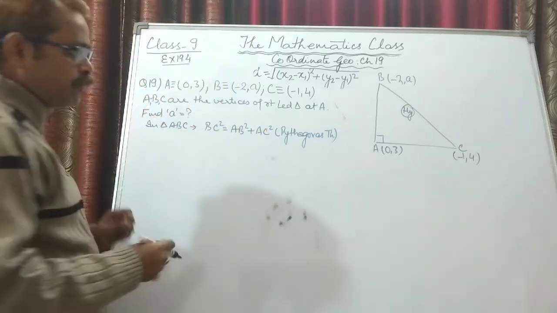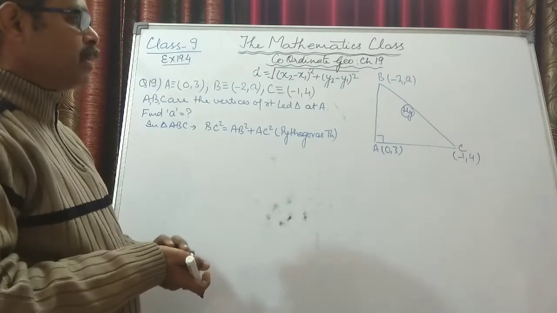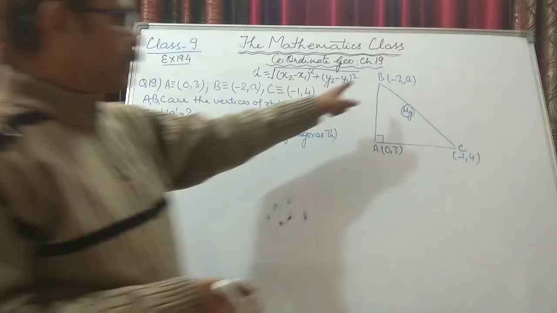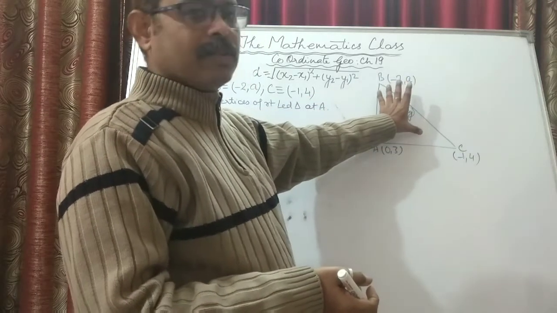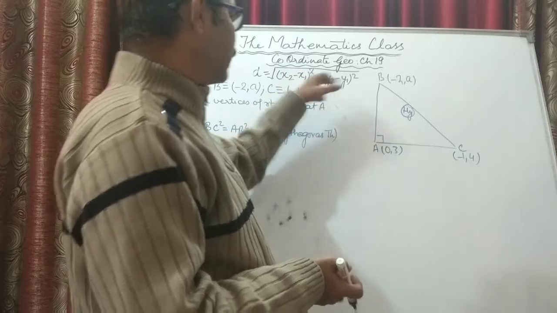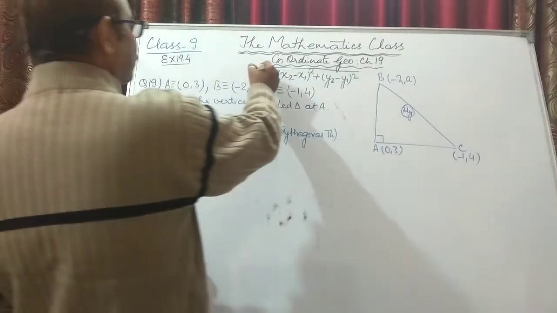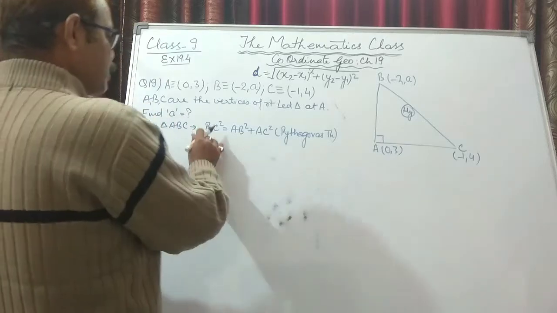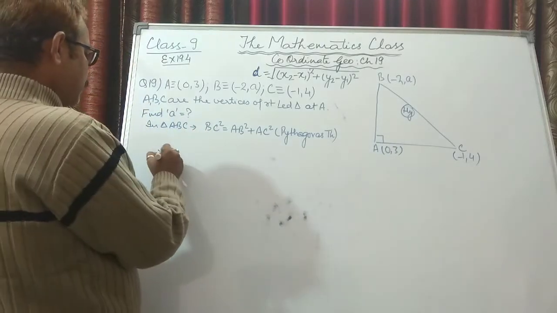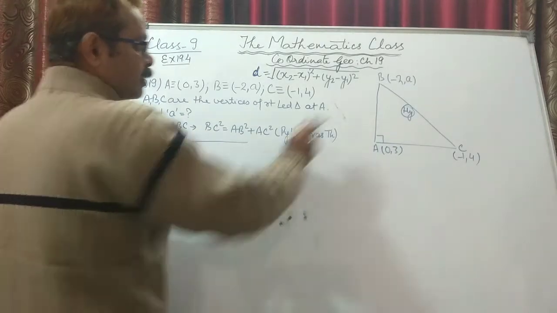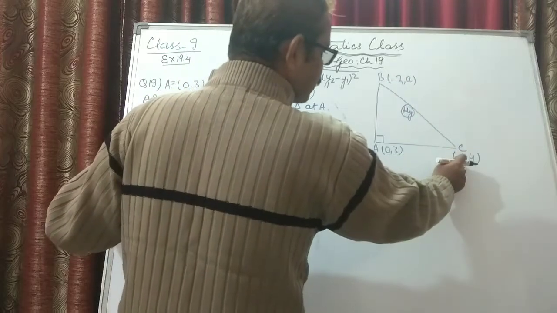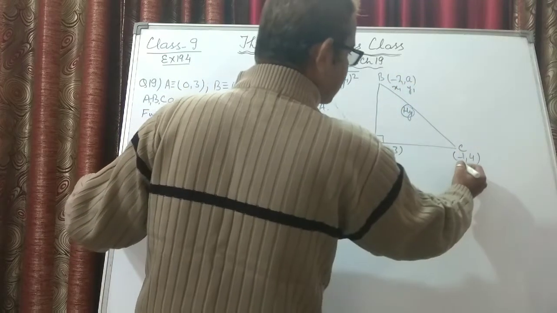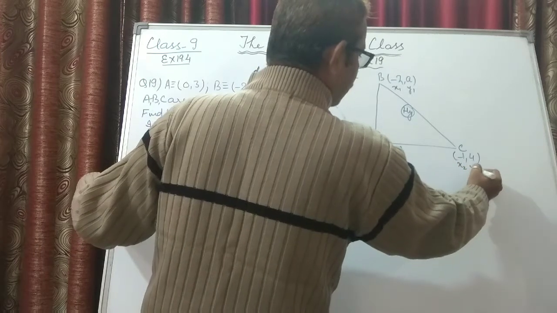Now we have understood which concept we are going to apply, so this question becomes very easy. You have to find out the length of BC, and you know the formula is under root x2 minus x1 whole square plus y2 minus y1 whole square. This was the formula of the distance. So simply I am writing directly the formula. For BC, I am taking this as x1, y1 and this as x2, y2.